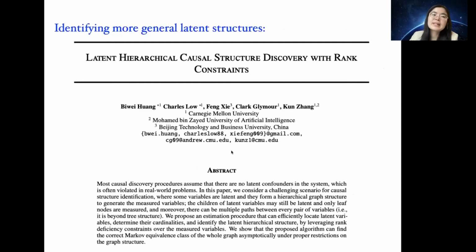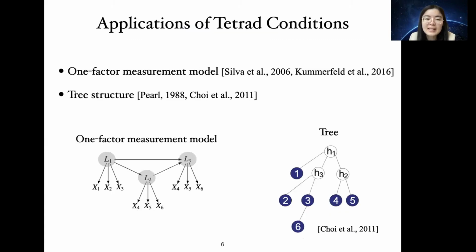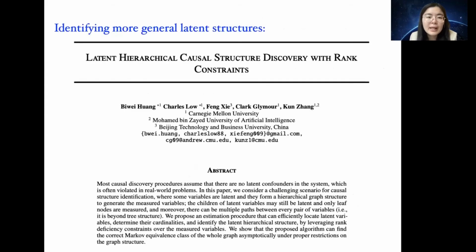Now we want to see how we can identify more general latent structures, because in practice, in most scenarios, the latent structures could be more complex than the one-factor measurement model and the tree. This is our work published last year in NeurIPS.